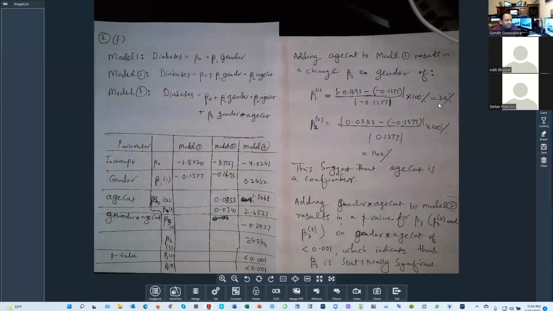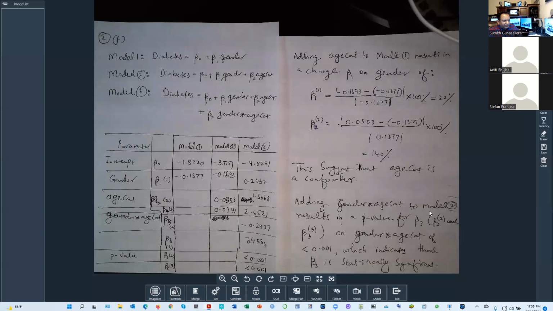See, the difference in this one: within the same variable, how much it has changed as a percentage. Okay. So anyhow, I want to keep this one a little bit. This one is enough for you to suggest that age cat is a confounder because it has more than 10%.